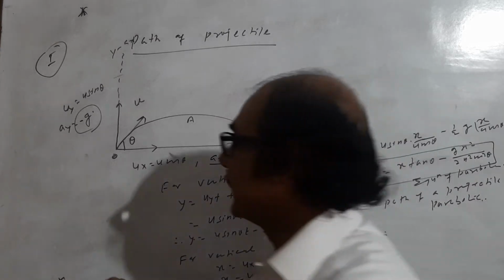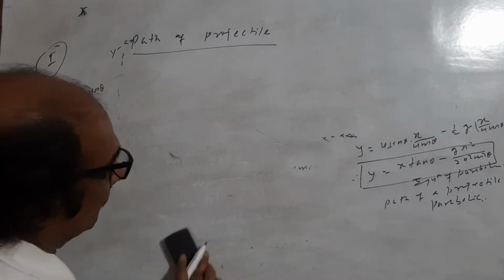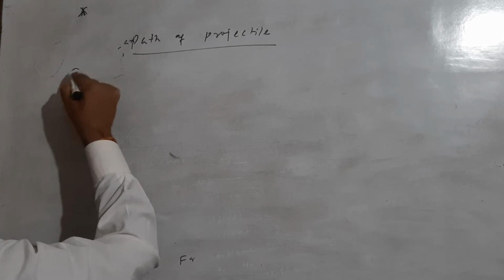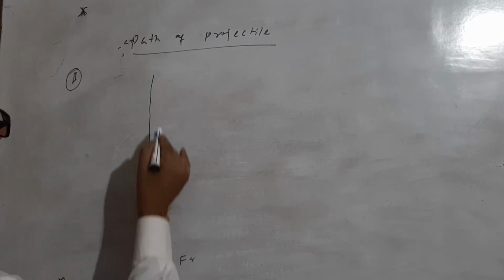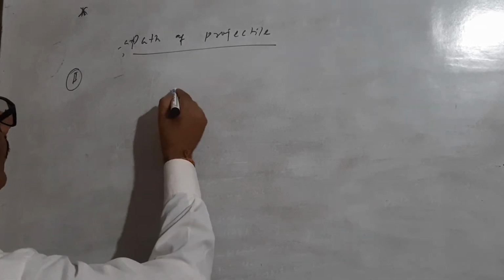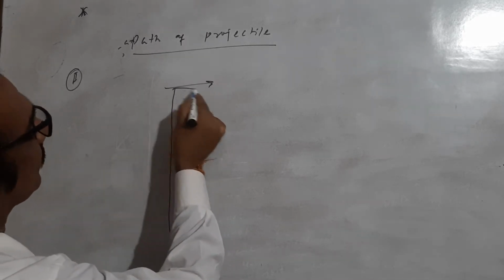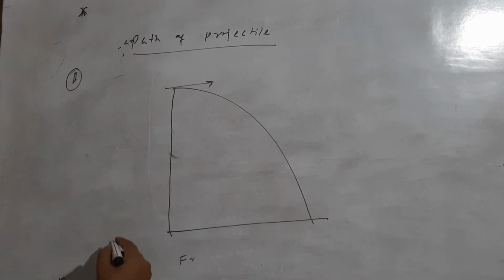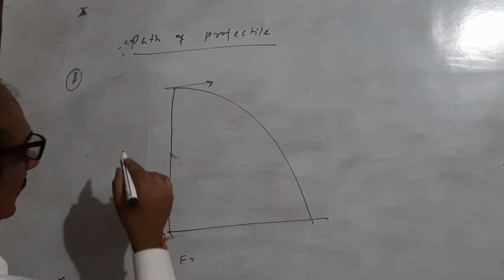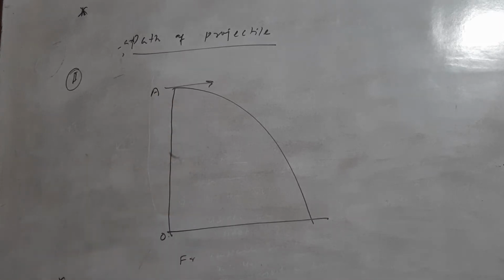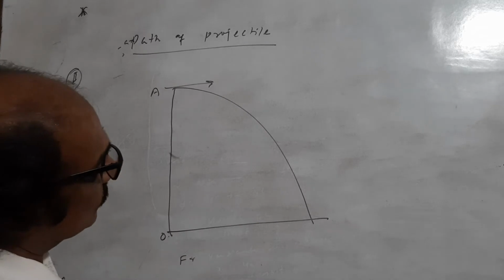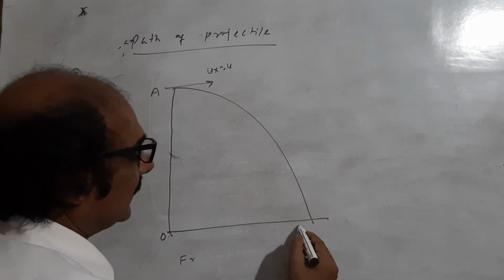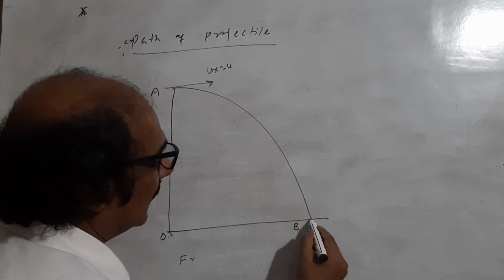Now in the second case, situation 2, when the projectile is thrown horizontally from the top of a tower, it goes along a curved path. At the foot of the tower is the point, and the projectile is thrown with velocity u along the x-axis, and finally hits the ground at this point.